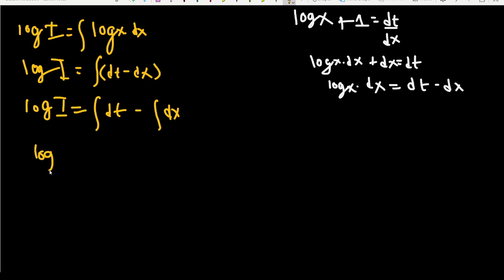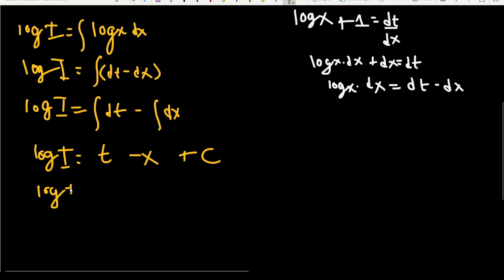Then what is the integration of dt? This is very simple. The integration of dt equals t, and for dx it equals x, and we have to put down our constant because there are no limits in this integration.